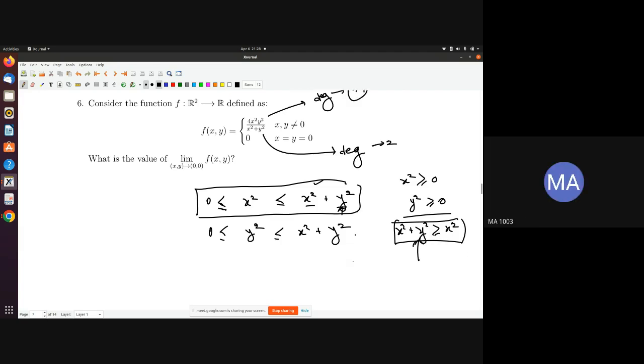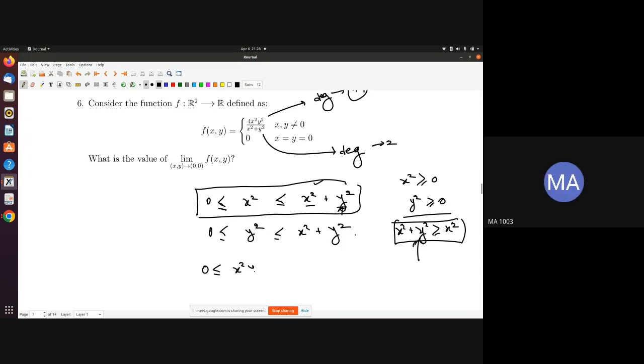Now can we do something for this one, divided by x squared plus y squared? Before that, I need x squared y squared in the numerator, so we can combine those two inequalities.